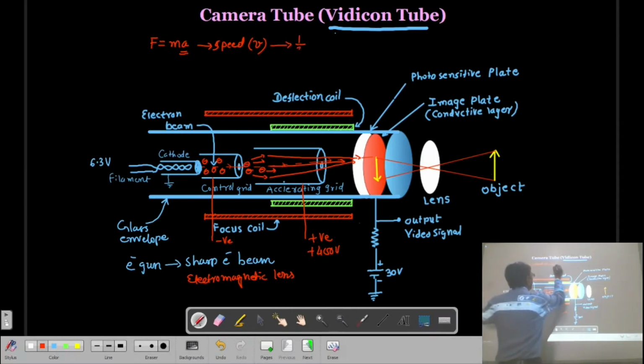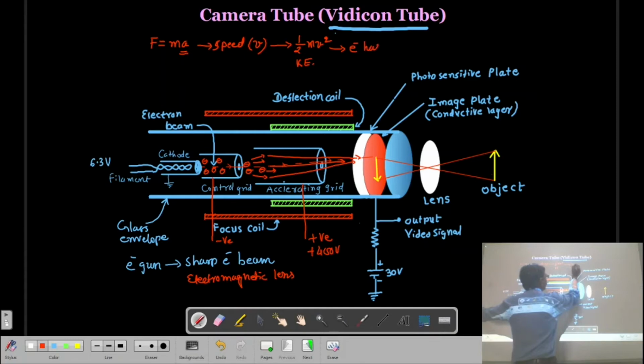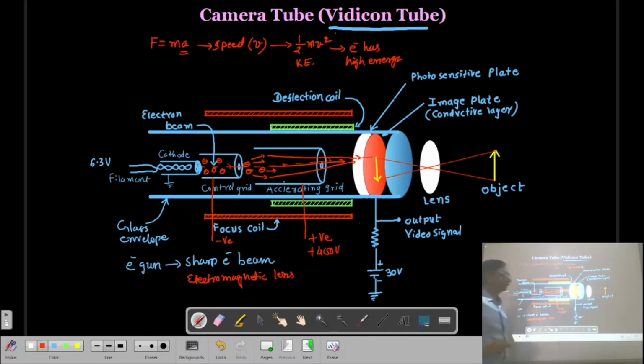So the kinetic energy, 1/2 mv squared, of the electron will also increase. As a result, the electron has high energy. So when this electron strikes this image plate, it has sufficient energy.